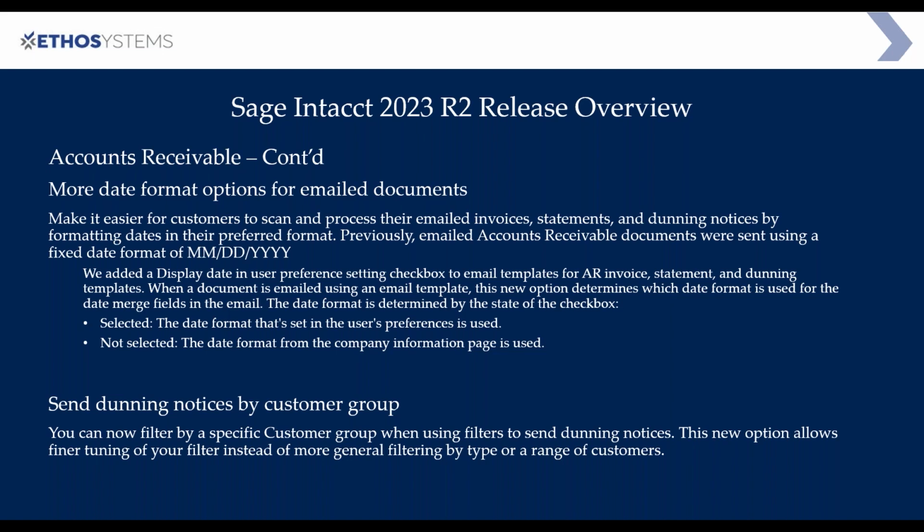The standard date format was month, day, and then 4-digit year, but now you can change it to a European day, month, year, or any other type of format. That can be done under the preferences for that particular customer, and it would apply to invoices, statements, dunning notices, etc. within Sage Intacct.